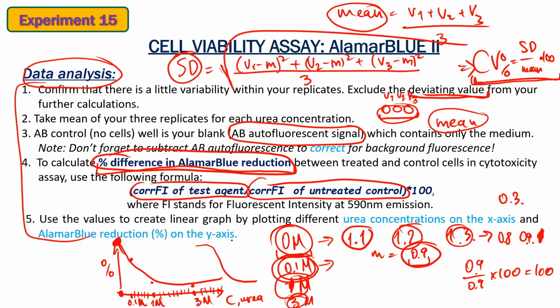But because we don't have many values in between 0 and 3 molar, you will not see this kind of bending here. You will see just a straight line like this. But of course, you should understand that it goes like in this graph.